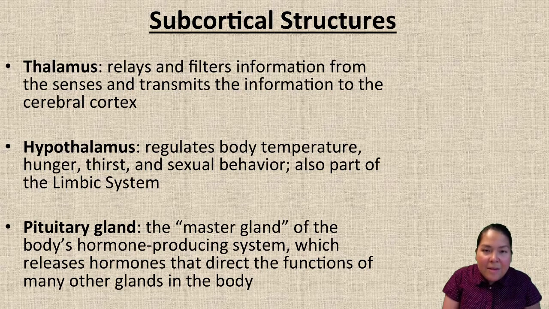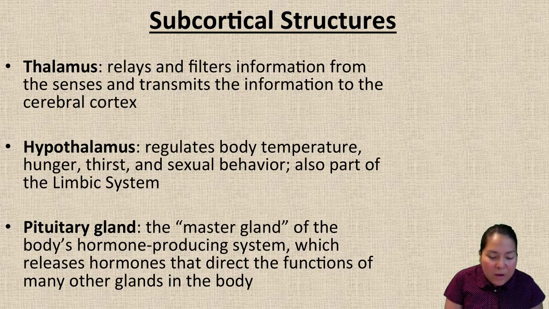And so the thalamus not only relays information to the cerebral cortex, but blocks information processing during sleep, resulting in a more restful sleep. The hypothalamus, when translated into Greek, means under. This lies under the thalamus and regulates functions such as our body temperature.